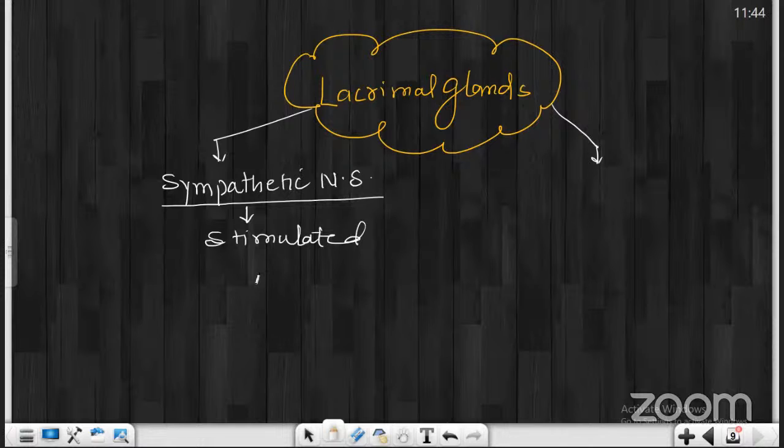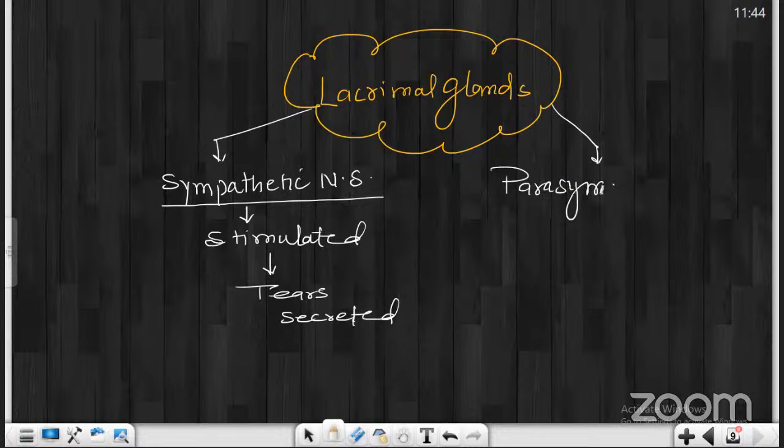So stimulated means lacrimal secretion, that means tears secreted, right? आप रोने लग जाओगे, you will cry when your parasympathetic is stimulated. When the parasympathetic is sending the information, what will happen?